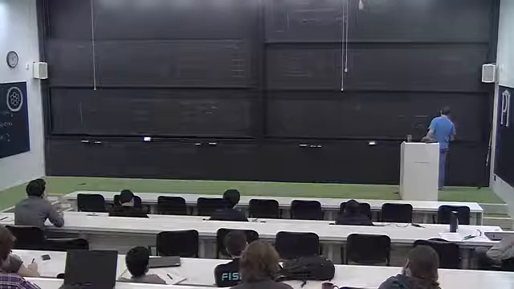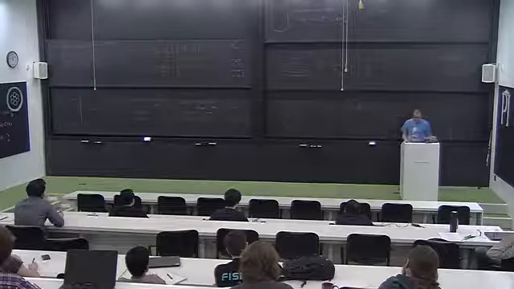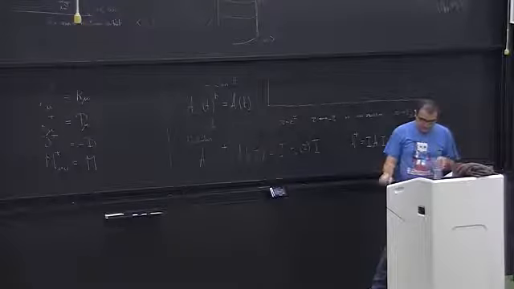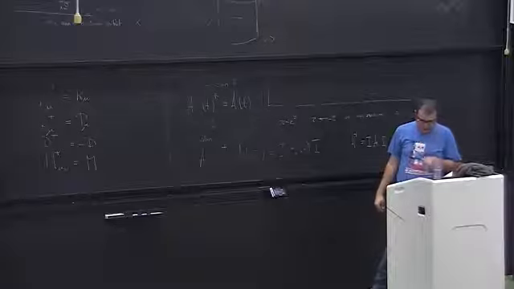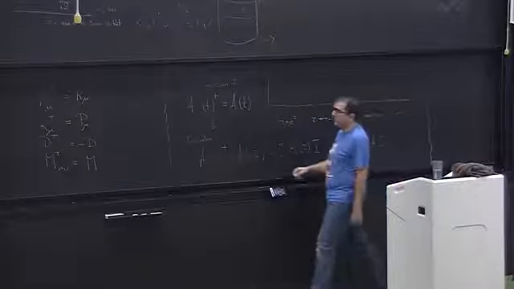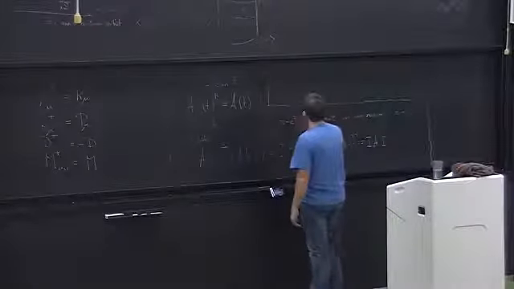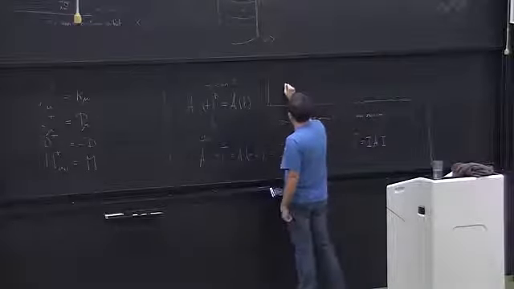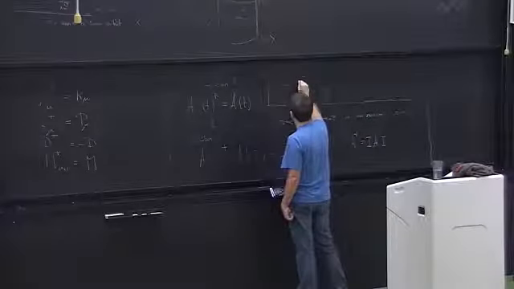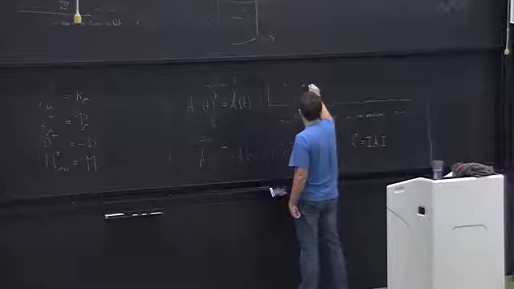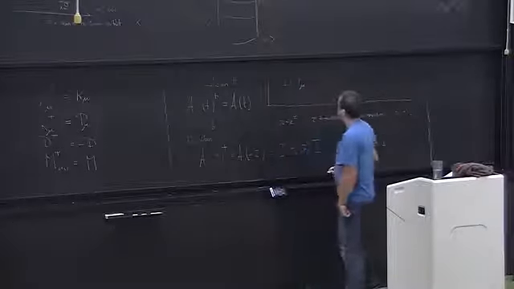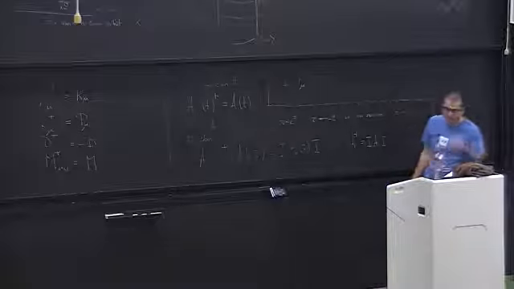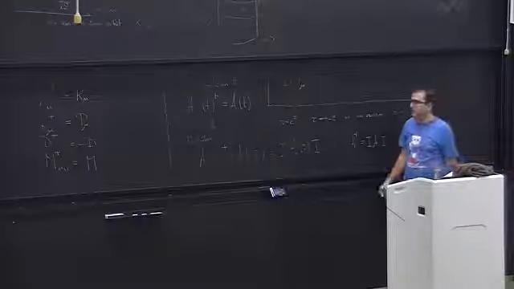Okay, this is it. Again, just as a simple exercise, we can compute what happens when I act with a dilatation operator on a state with P mu, which was P mu acting on O. Let's do this simple exercise.